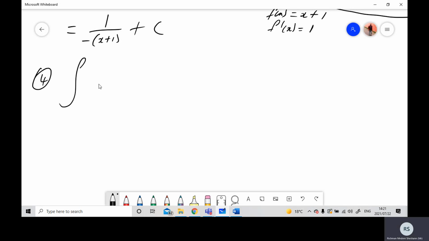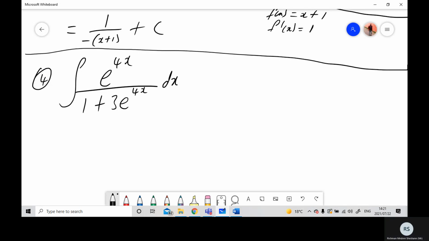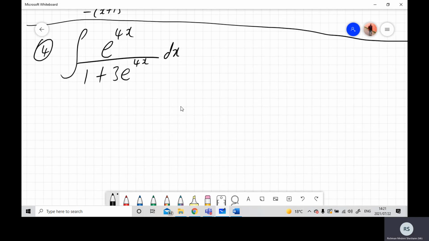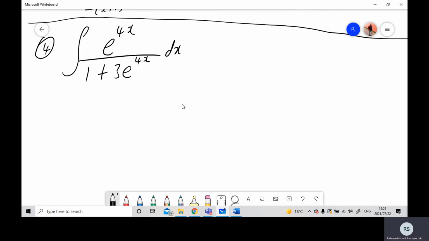We want to integrate e to the 4x over 1 plus 3e to the 4x dx. I want to find the integral of e to the 4x over 1 plus 3e to the 4x.